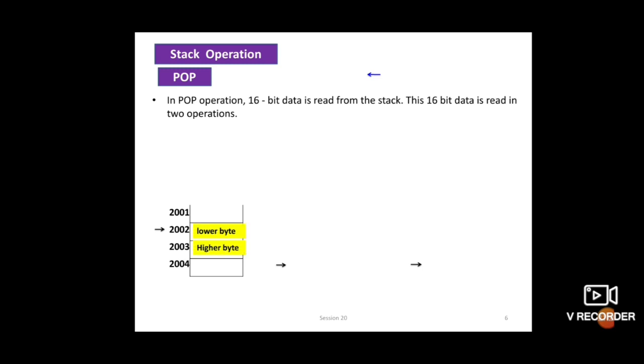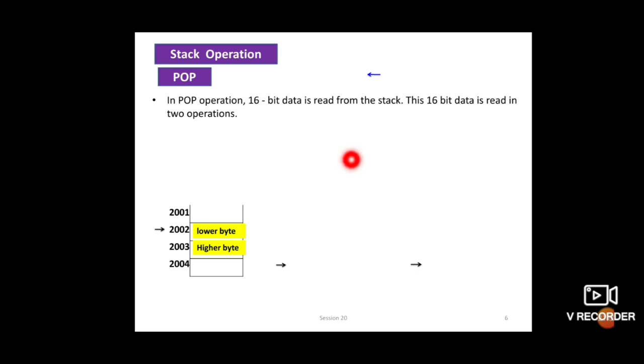Now the initial position in a pop operation: in the previous push operation the stack was empty because data was written into the stack, but in a pop operation the data is already there.